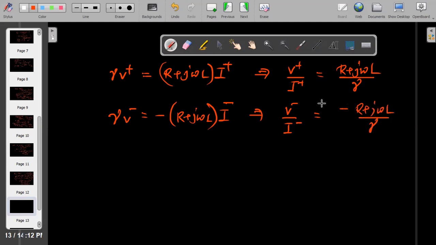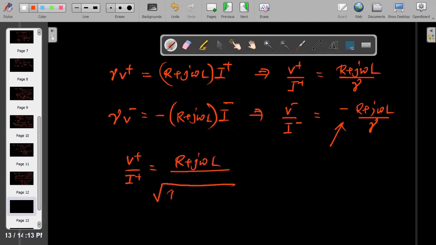Now why is this minus coming? Same thing, because the wave is traveling in the minus x direction. That is the physical interpretation. Okay. Now what is gamma? Can we write V plus by I plus is R plus j omega L by gamma. What is gamma?